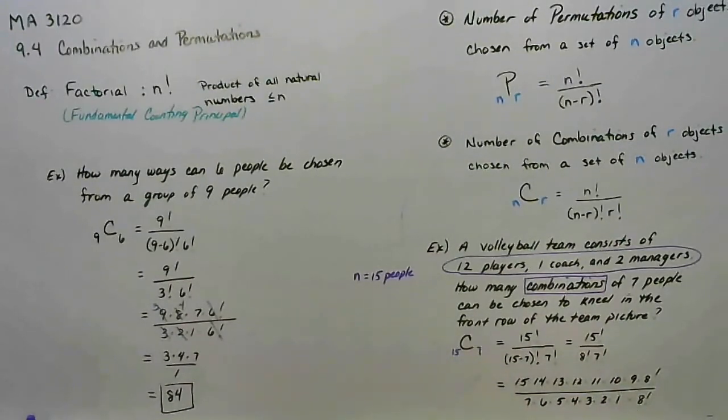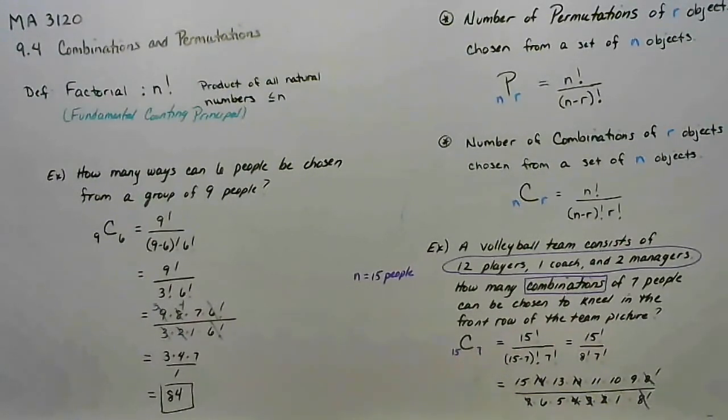And then we can start reducing. 8 factorial reduces. Then I'm going to start looking for some combinations. What I mean by that is, for example, 7 times 2 is 14, so that reduces. 4 times 3 is 12, so that reduces.